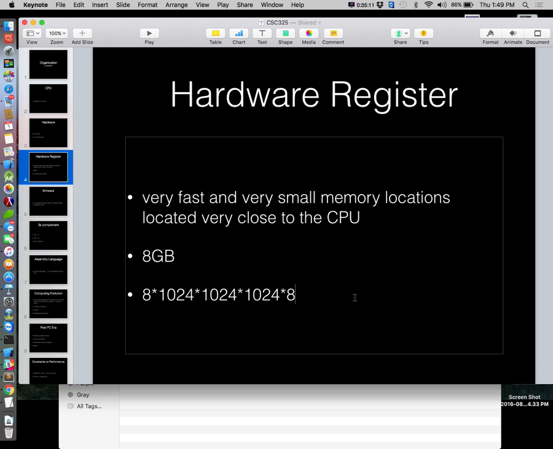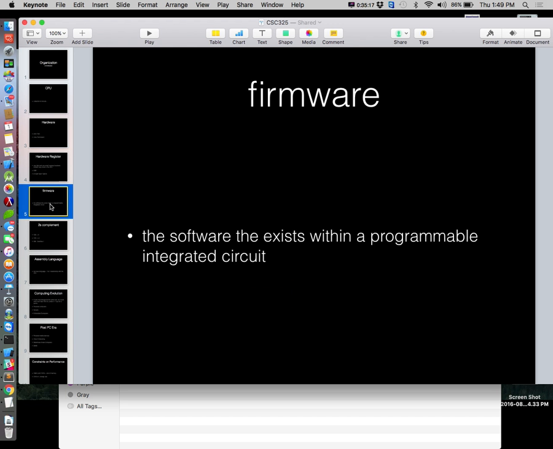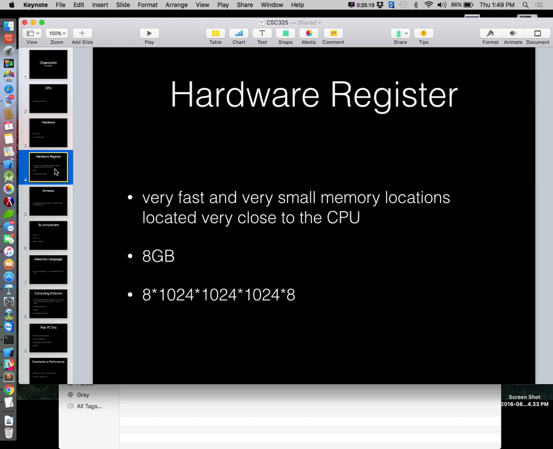So we have these hardware registers. These guys are considered to be really, really fast. Let's go. So the conversation we're having deals with how we can make an assembly program more memory efficient than a Java program.